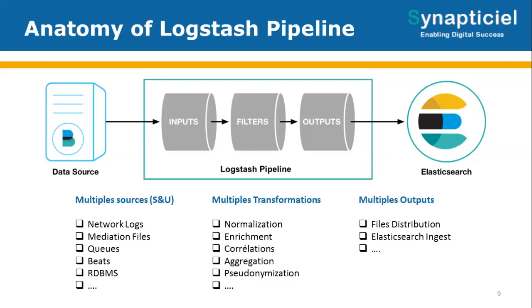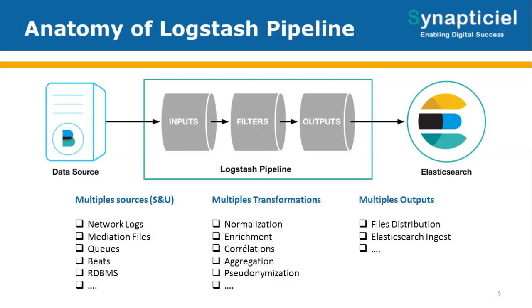Then the data needs to be transformed. So we need to normalize the data, do more lookups for enrichment, and do more aggregation, and especially more correlations, meaning that we have different sources and we need to correlate one event from different sources.